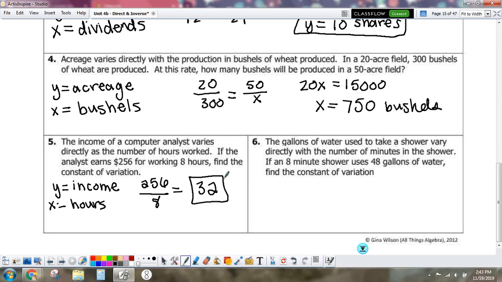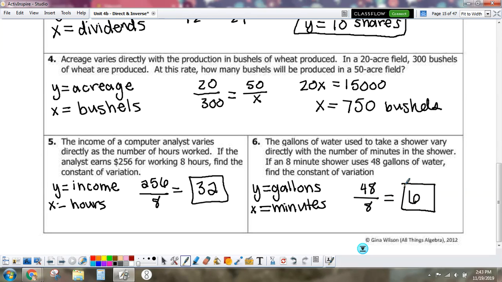So you go ahead and try number 6. For number 6, you should have gotten Y is equal to gallons. And your X is equal to minutes. Okay, so 48 gallons divided by 8 minutes equals 6 is your constant.